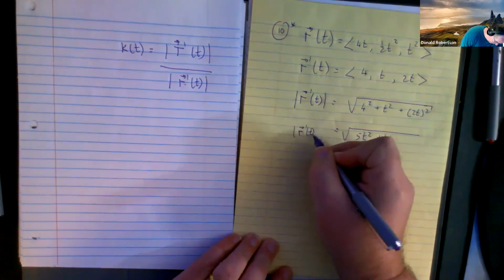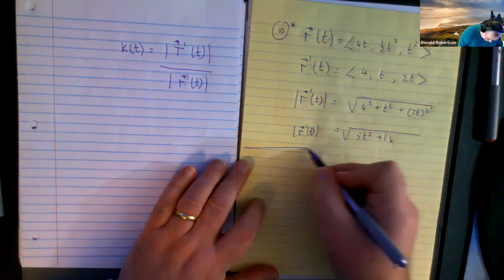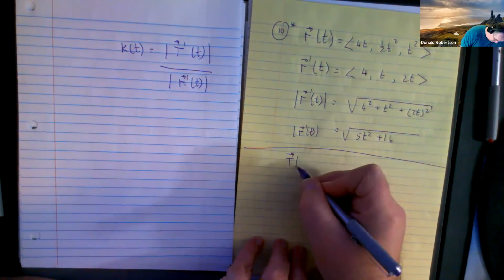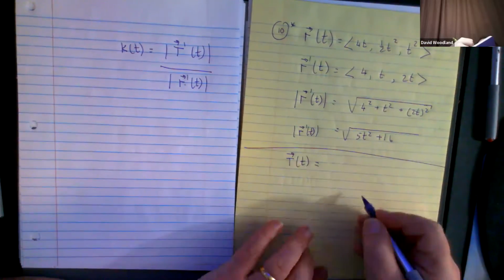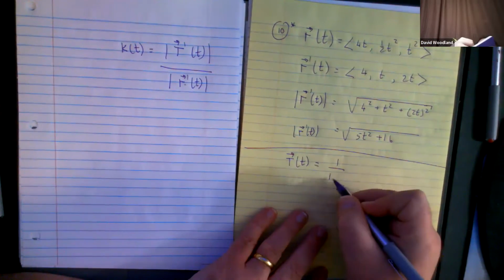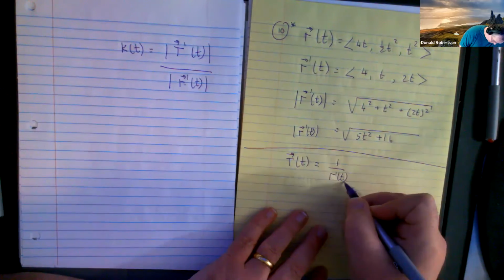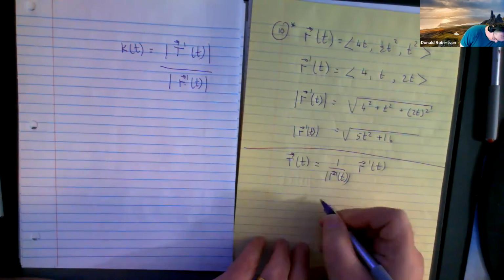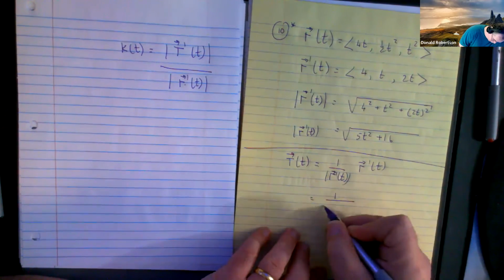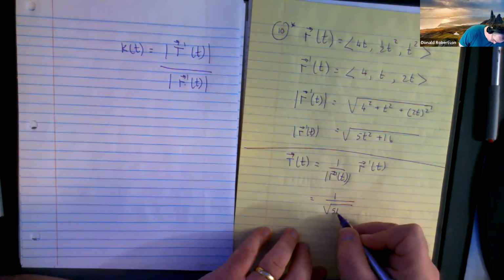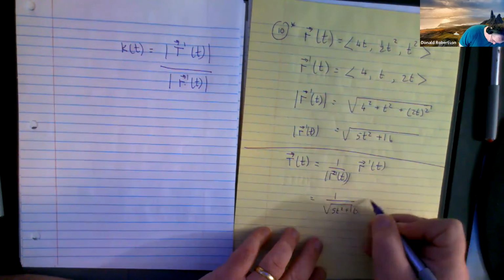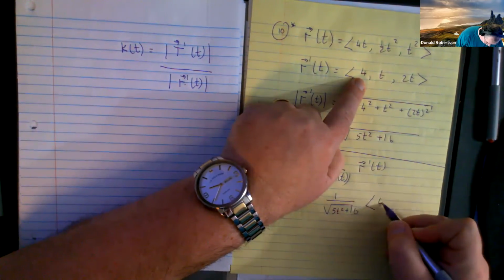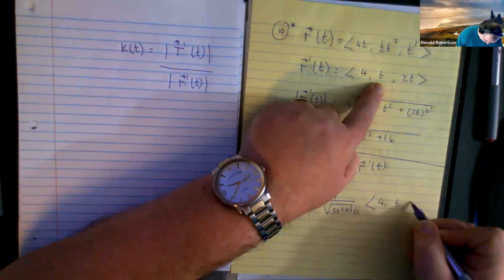Of course, I have an advantage because I can cheat. You can't. So let's find the unit tangent. The unit tangent is 1 over that magnitude of the first derivative, in which case it's 1 over the square root of 5t squared plus 16, times the vector 4, t, 2t.